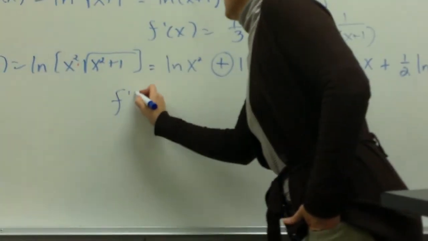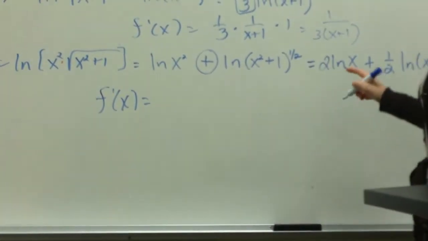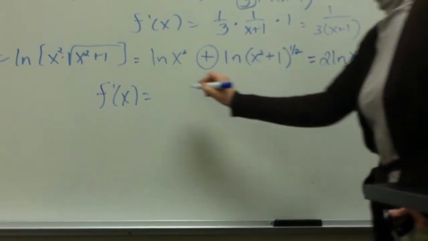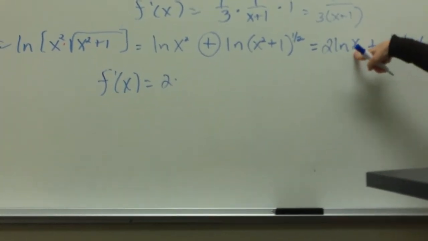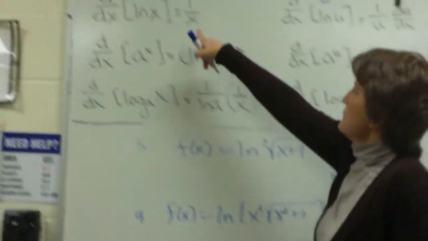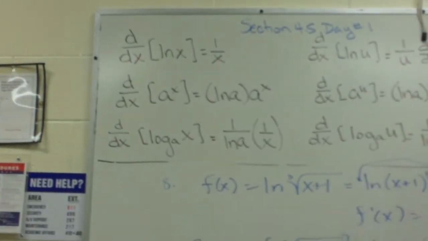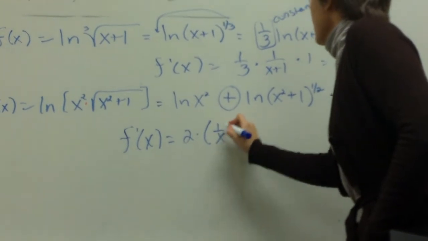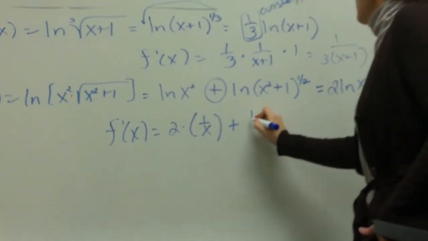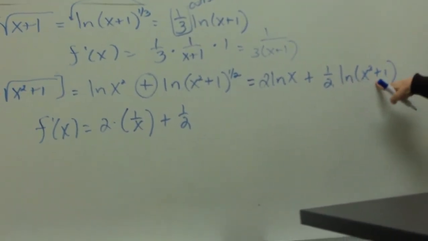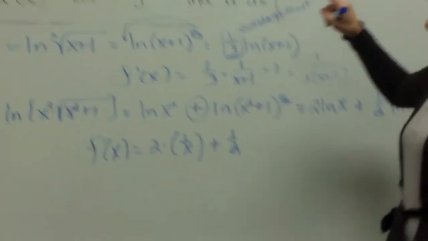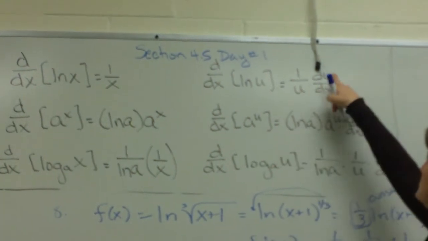then my derivative becomes so much easier because I just have a constant multiple times the derivative of ln of x, which I already know from my table is just 1 over x, plus my constant multiple of a half times the derivative of the ln of u, which is 1 over u du dx.